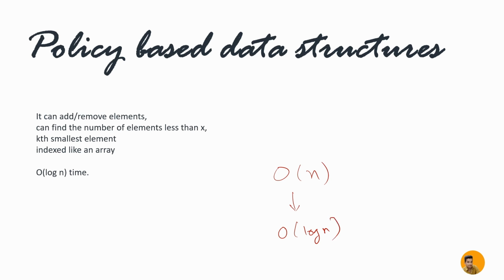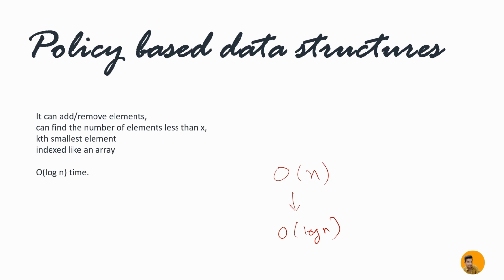And we clearly saw in the previous slides that if this happens, then we can definitely do our solution in better time complexity. So this policy data structure is simple. We are using it just to overcome the problem of time limit exceeding.